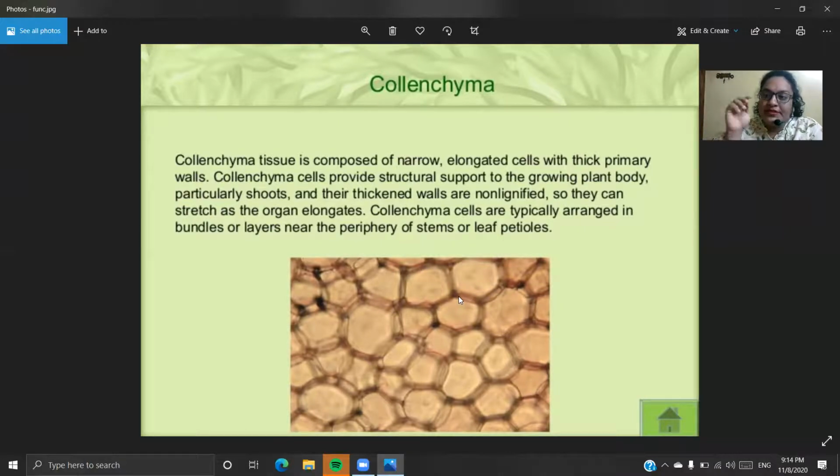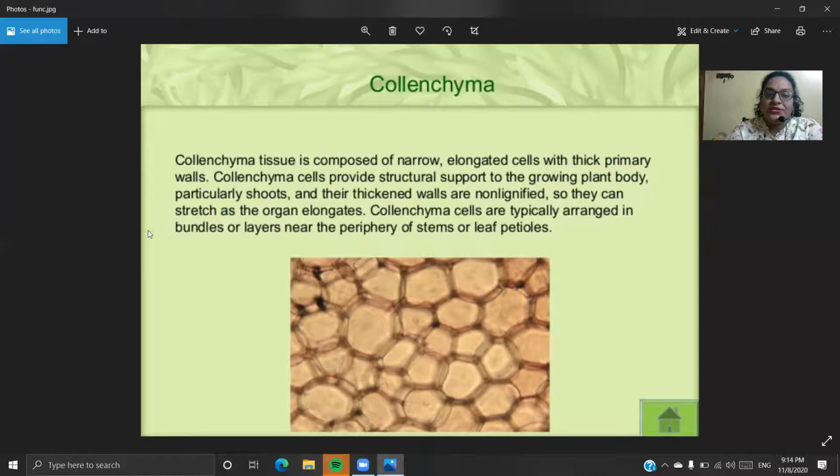So remember that the tensility and mechanical strength provided by the collenchyma is very helpful for the stems, as they are present in the periphery of the stems. They provide this power to them. They give structural support to the growing plant body, particularly in the shoot system. This is very, very important to remember.